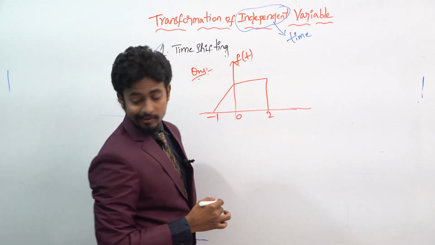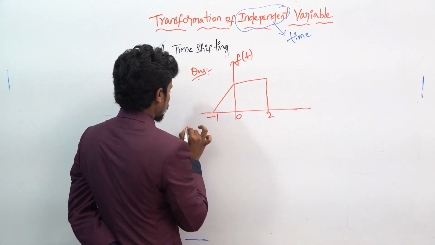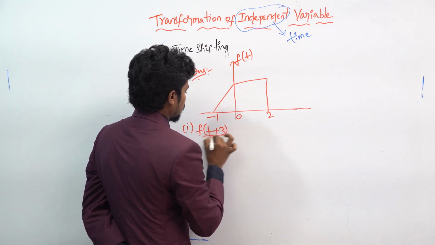What will they ask? f of t plus 3. What will happen?